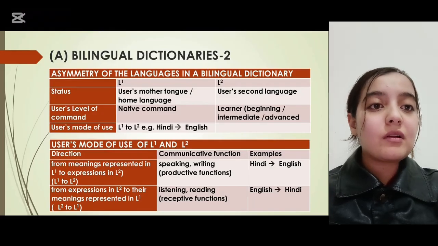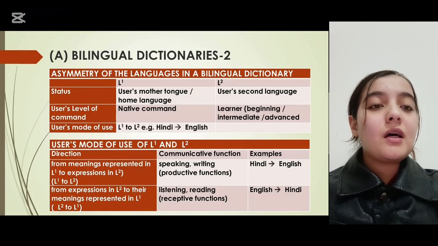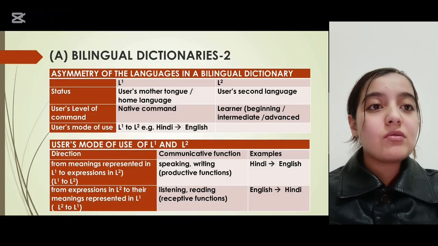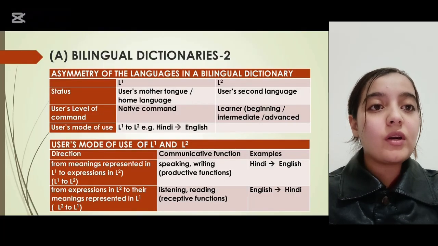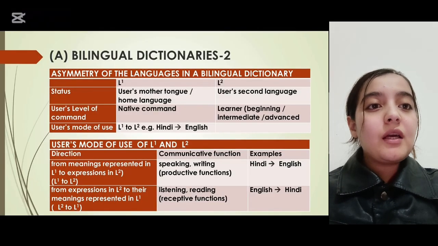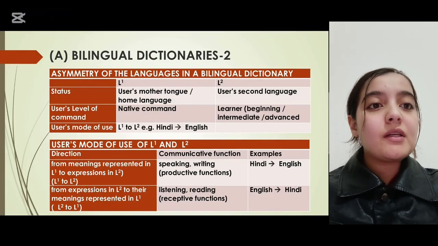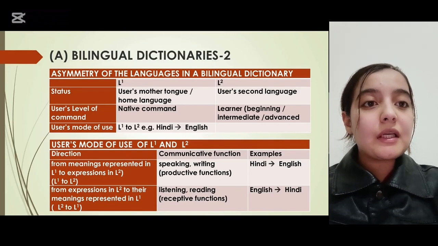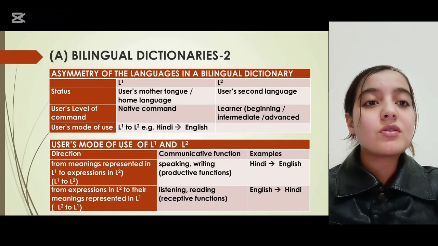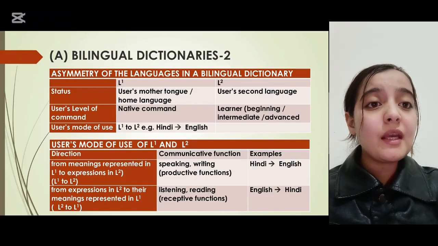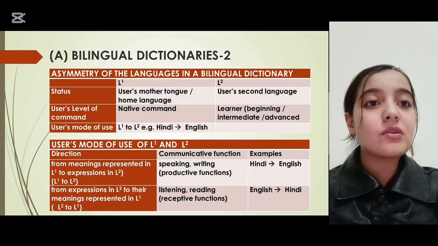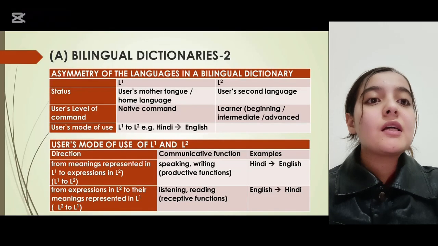There is an asymmetry in the languages in a bilingual dictionary in terms of status. L1 is the user's mother tongue or home language. These are expressions that are to be found frequently occurring in the NEP. And there is the L2, which is typically the user's second language, which could be the state language if the user is a minority language speaker.